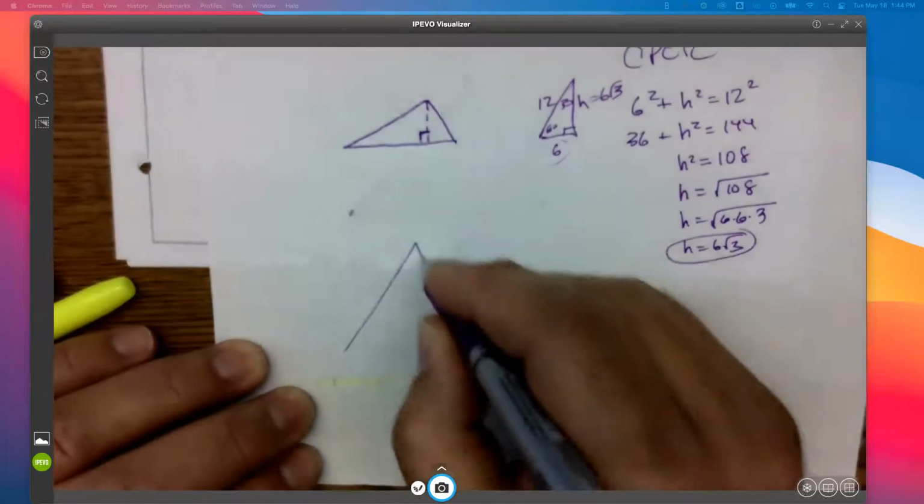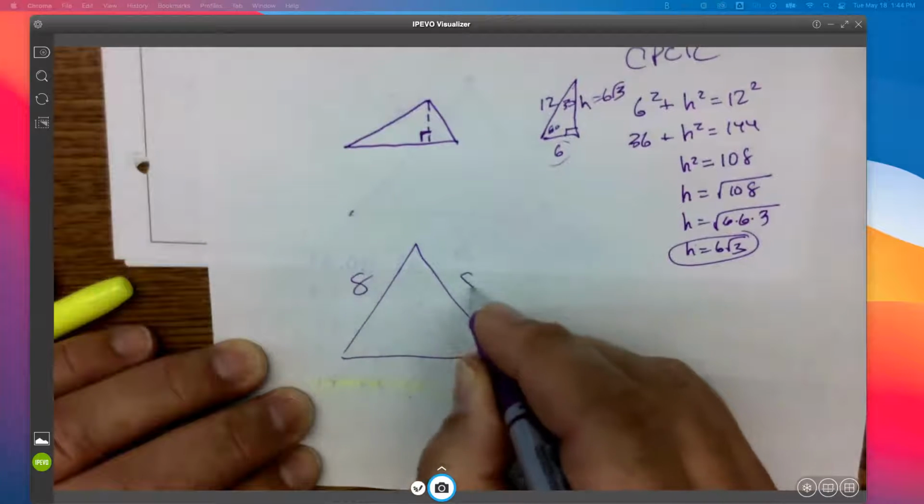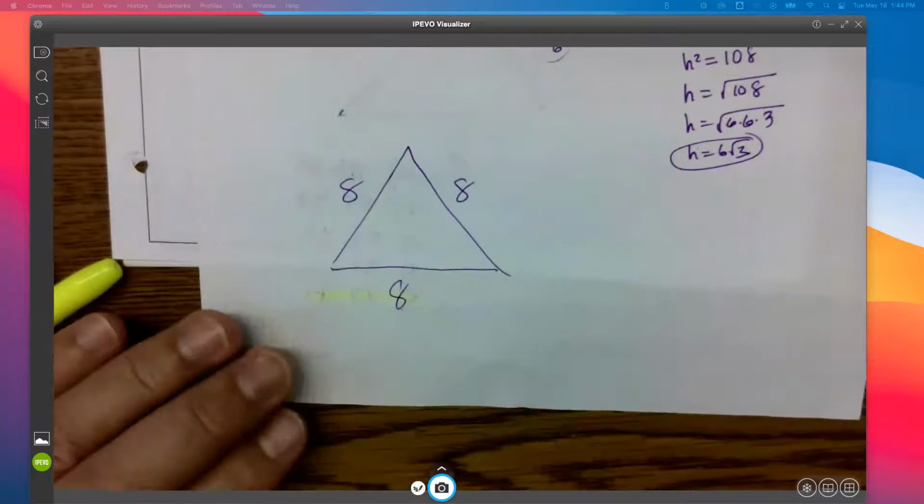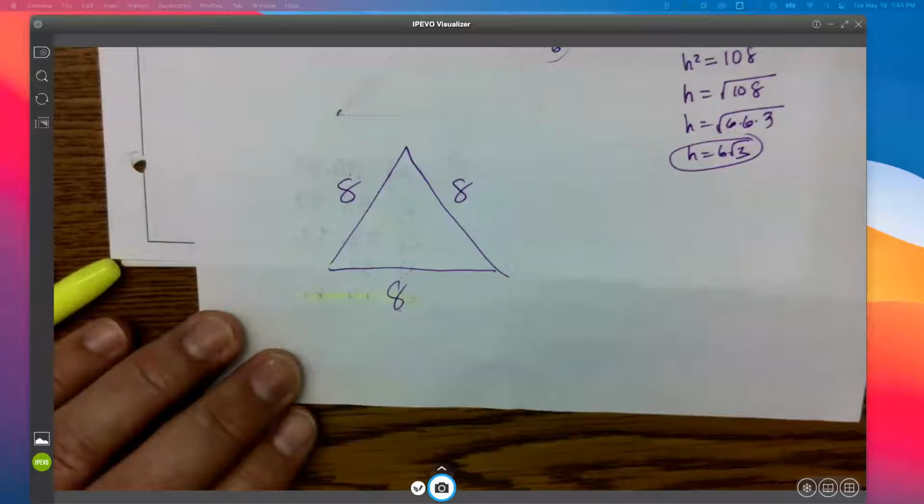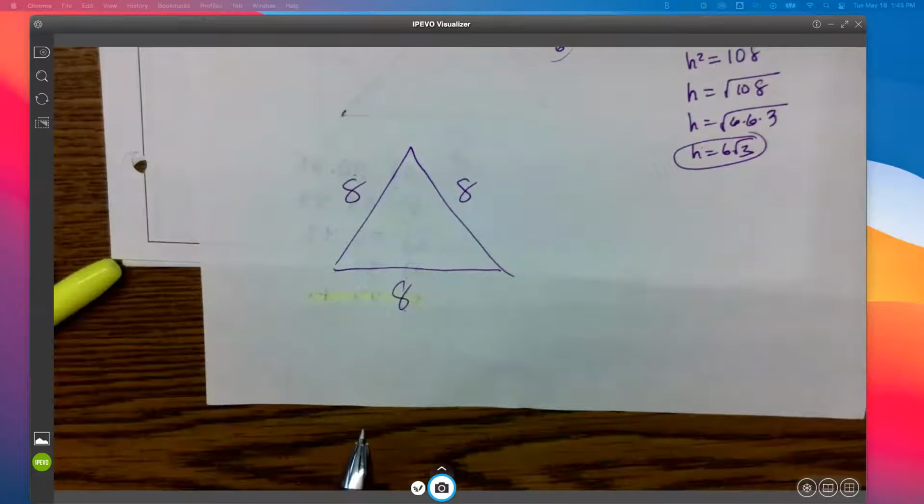Did you follow? Let's see. Please find for me the area of this triangle, 8, 8, and 8. Don't say it out loud.